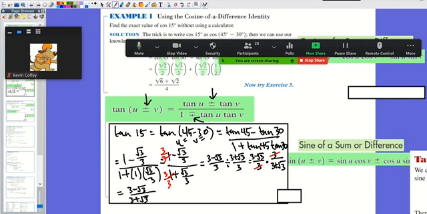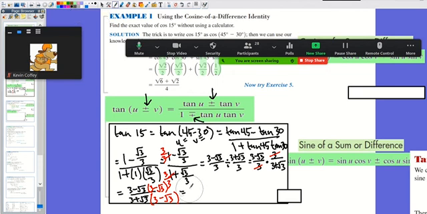This is taking you back to a lesson from October. You have to multiply by the conjugate because you do not want roots on the bottom.